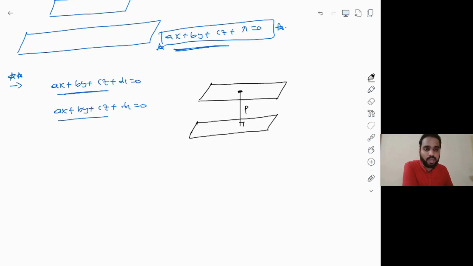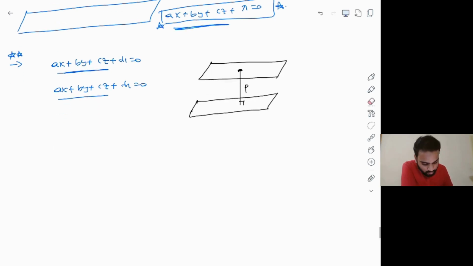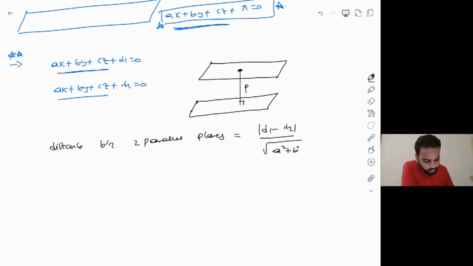So finally, the result is: distance between two parallel planes is directly given by modulus of d1 minus d2 divided by square root of a square plus b square plus c square. A very, very important formula.